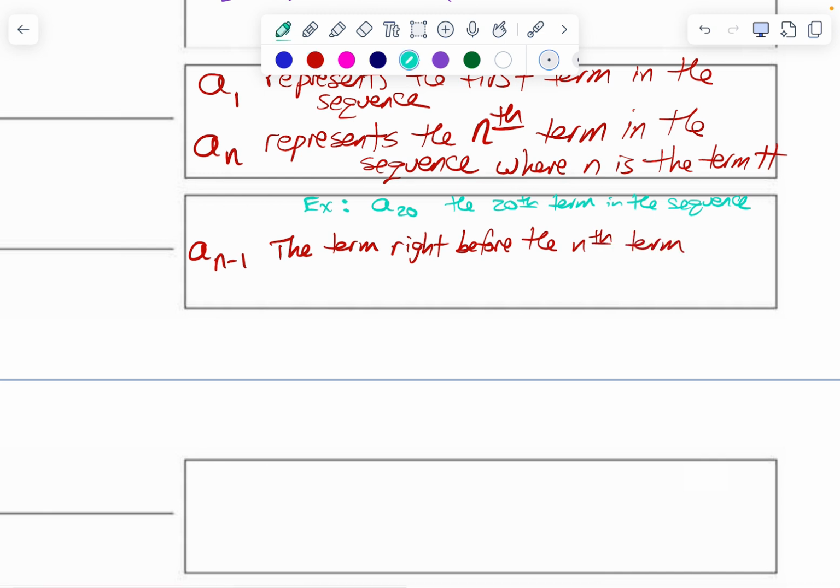Okay, again, I think an example would help. Let's do it this way. If n equals 20, then a sub n minus 1 is the 19th term, the one right before it.